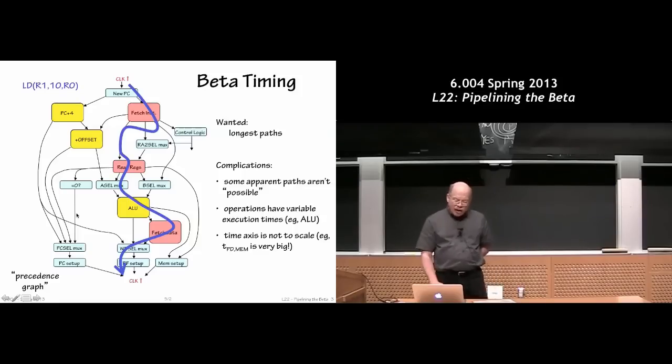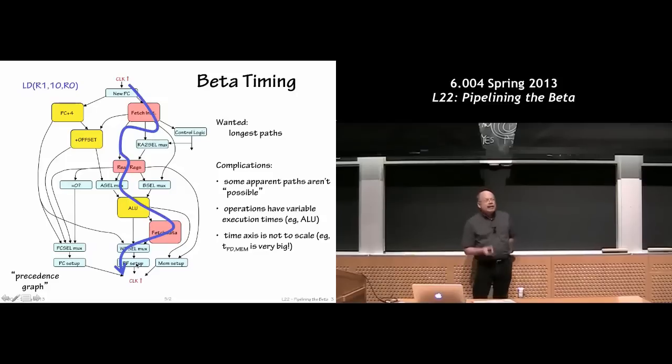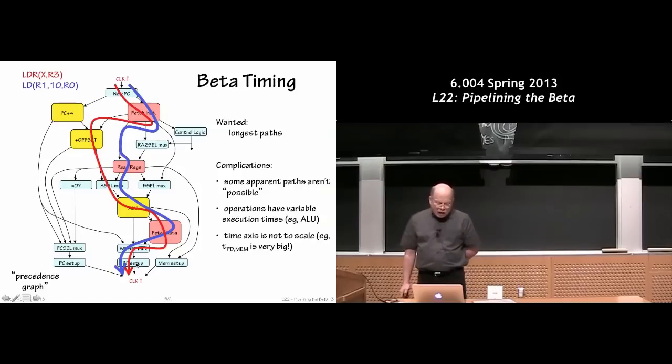But if we think about existing instructions, we can imagine that for a load, we have to fetch the instruction, and we have to fetch RA from the register file so we can go off and then in the ALU add it to the constant to compute the address that we send to the memory, and then the memory data comes back through the WD mux and into the register file. So that touches a lot of the big blocks. So we would expect load to be one of the instructions that's setting the clock rate.